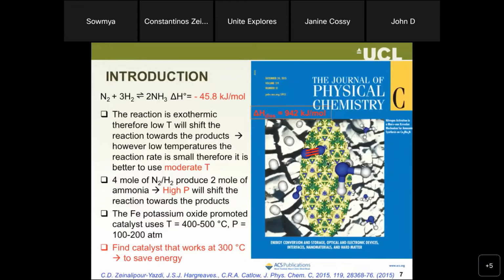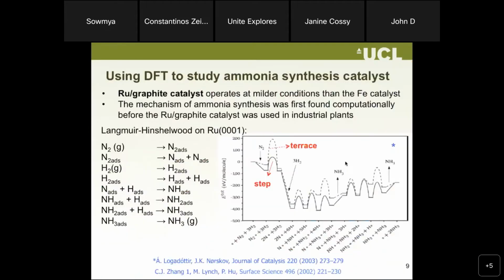But cobalt molybdenum nitride, which is the material that we studied the reaction mechanism on, is actually more active than the iron catalyst, but it's currently not used in the industry. But it's interesting to know that there is also a ruthenium graphite catalyst, which uses ruthenium supported on graphite.